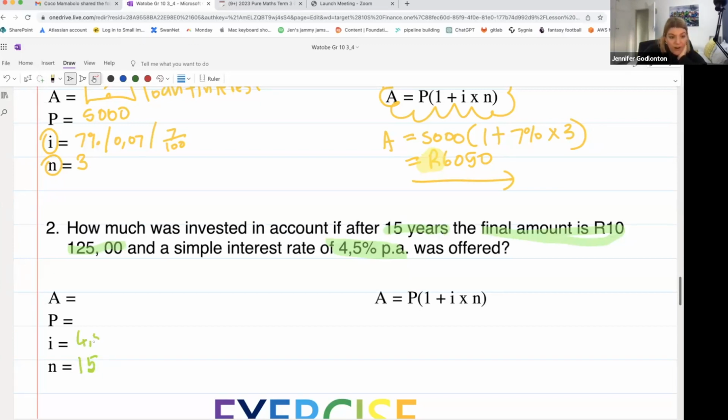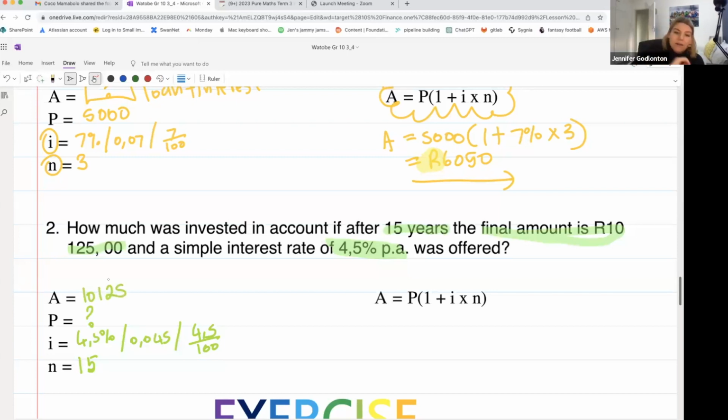Good. 4.5%. Don't forget that percent sign. And then, is this 10,125 Rand our P value or our A value? If it's our final amount, good, it's our A value. We don't know our P value.